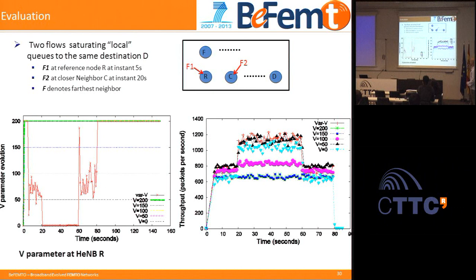And at instant 80, flow 1 finishes, and it configures itself to the maximum degree of greediness in terms of the penalty function.